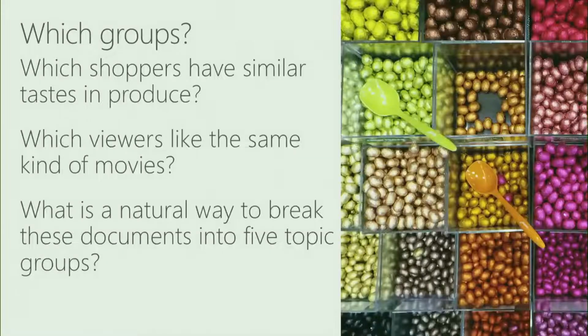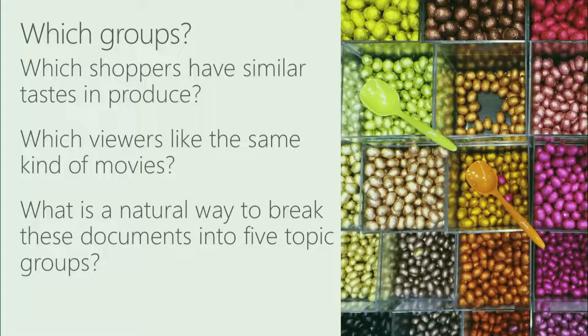Our third family of machine learning algorithms answer the question, how does this data naturally break down into a bunch of groups? So you can imagine, if I give you a bag of M&Ms and say, hey, would you please separate this out into some groups of similar M&Ms? Most of us would separate out the red ones and the green ones and the yellow ones and break them out by color.